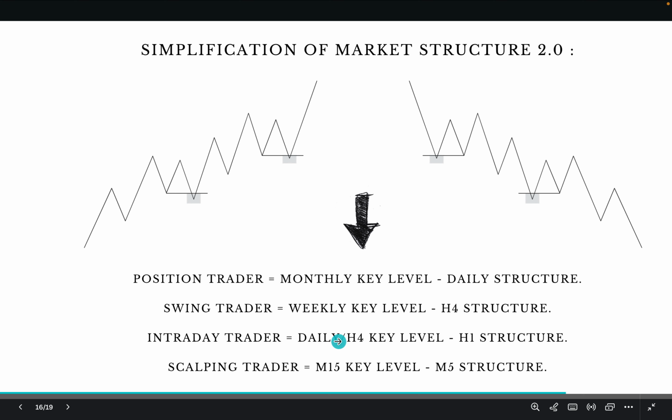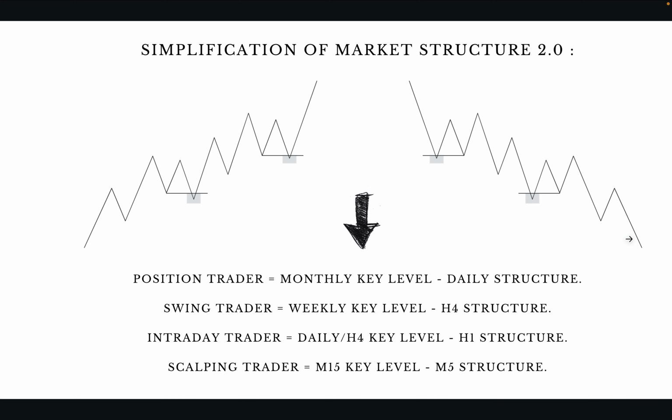If it's on the daily or the 4-hour, you want to focus on the 1-hour structure. And if you are a scalper, which I do not recommend, with a 15-minute drawn liquidity, you want to look at the structure on the 5-minute. Perfect.